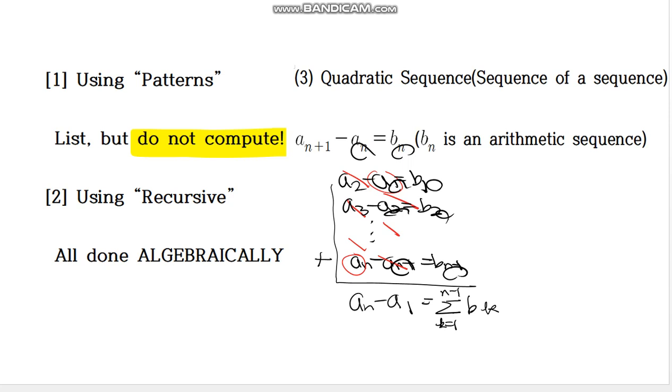Okay, so then, teacher, what if this is not an arithmetic sequence? What if that's a geometric sequence? Then since B1 and B2 and all of these are a geometric sequence, the general term should be computed this way: A1 plus the sum of k from 1 all the way up to n minus 1 of Bk.